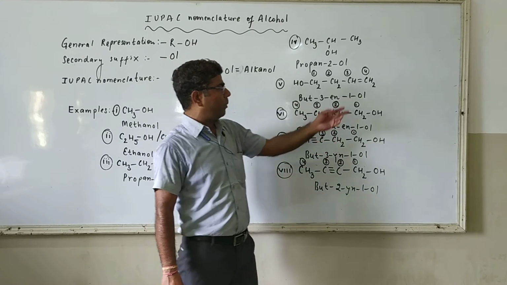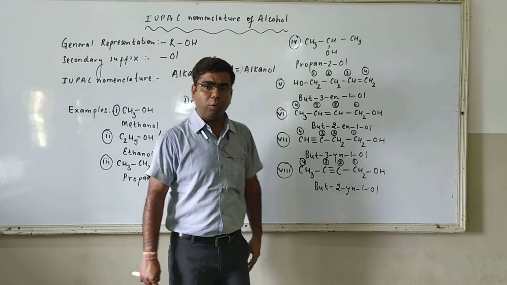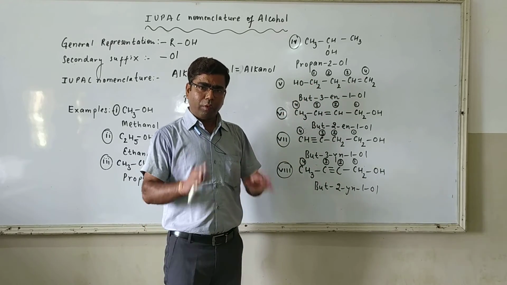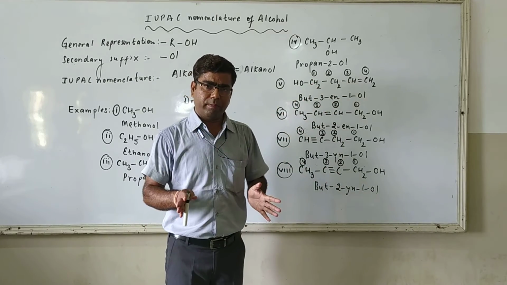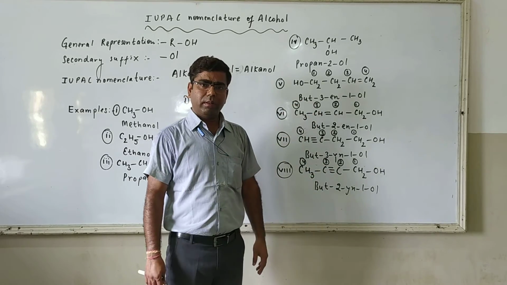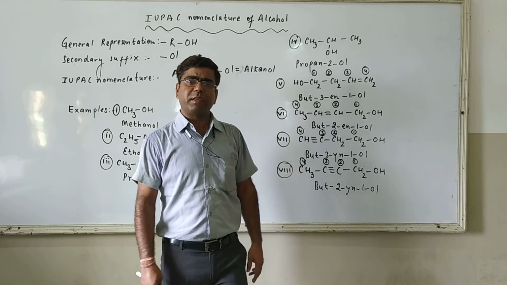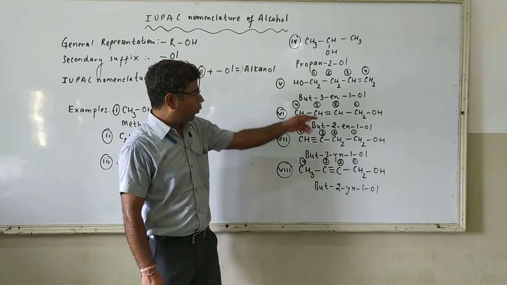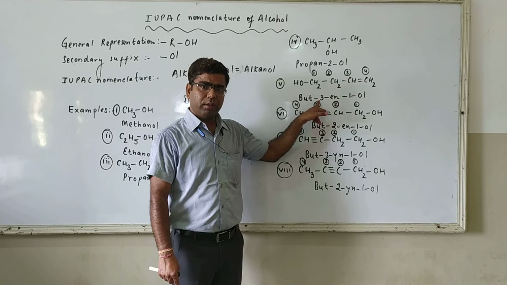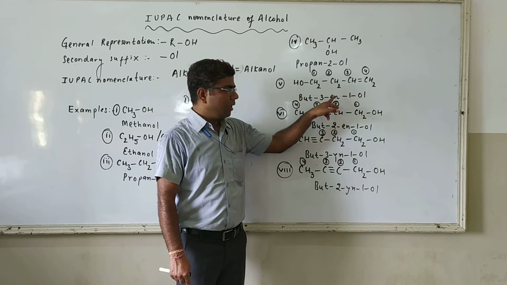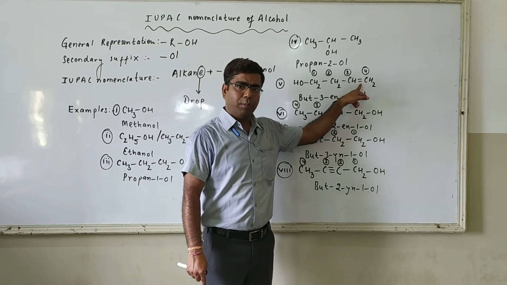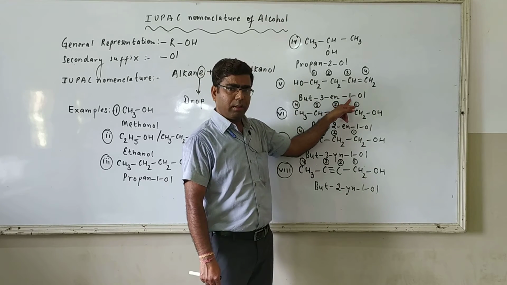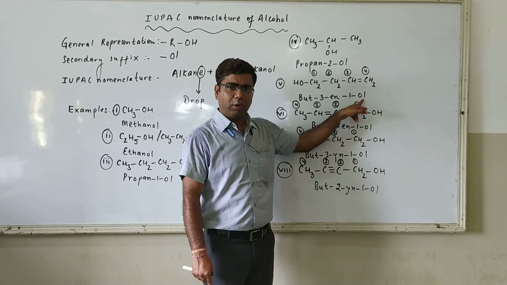The double bond is located between carbon number 3 and carbon number 4. Because 4 carbon atoms are there, the word root used will be "but". For the double bond, the primary suffix used is "ene" with the position, which is 3. Then we have the position of the OH group on carbon number 1, and then the secondary suffix for the alcohol group, that is "ol".